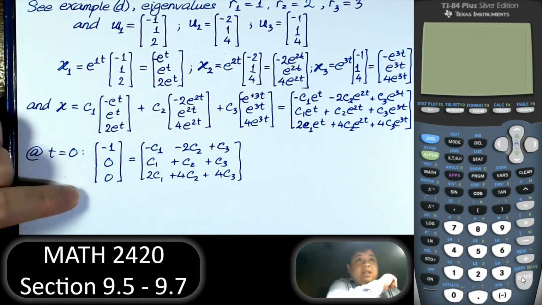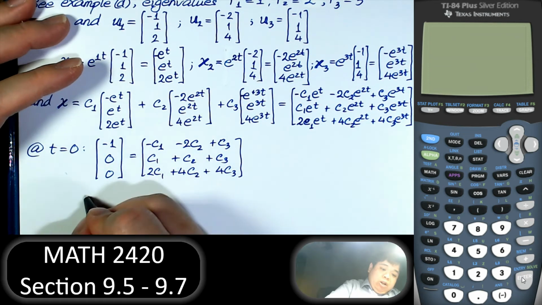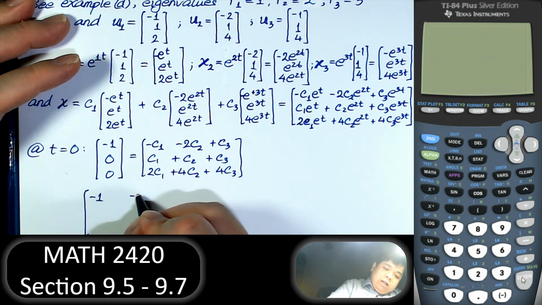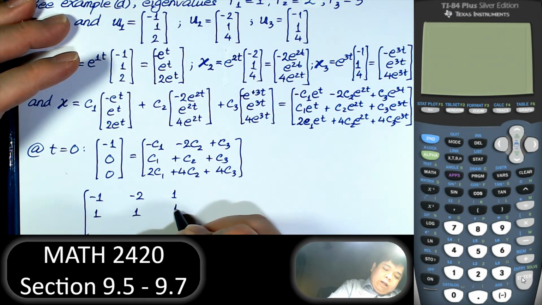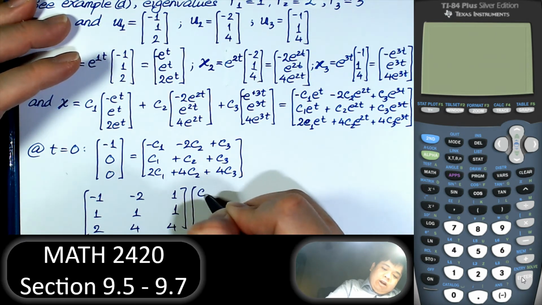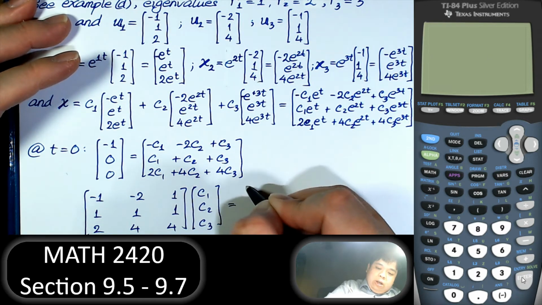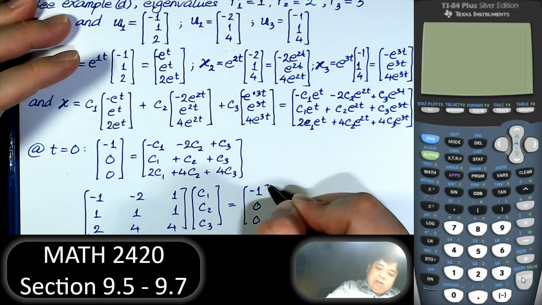By the way, this is a system of equations. We can write this as a matrix, and then do the reduced echelon form. So we can write negative 1, negative 2, and 1, 1, 1, and 1, 2, 4, and 4, and the variables c1, c2, c3 are all equal to negative 1, 0, and 0.